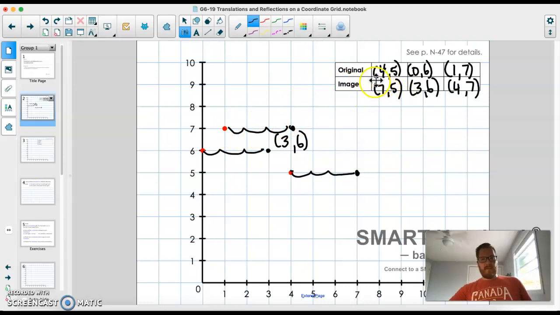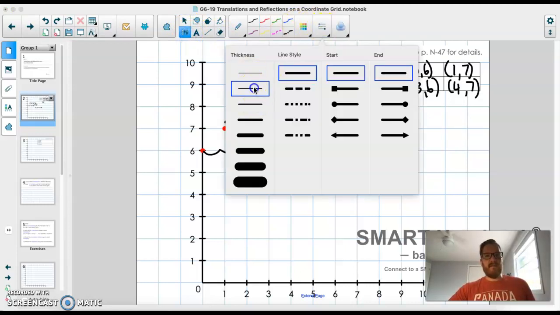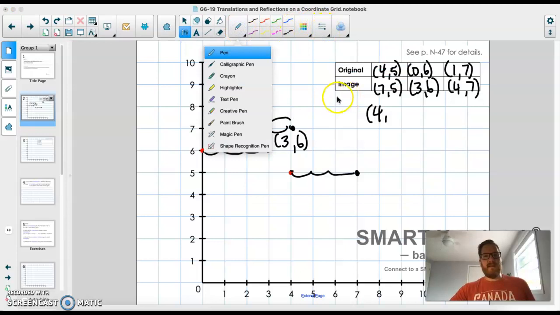So for example, if I'm at 7.5 and I want to translate to the left 3 spots, go 1, 2, 3, then I end up at 4.5.